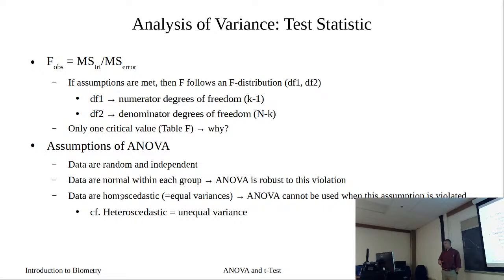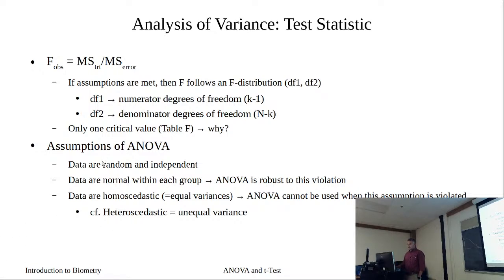Heteroscedastic means we have unequal variances. So how I drew the graph up on the board with the error bars, those should be equal among all of our groups. It's a pretty big assumption for us. If they're equal, then we can utilize our group averages to calculate our between group variation.